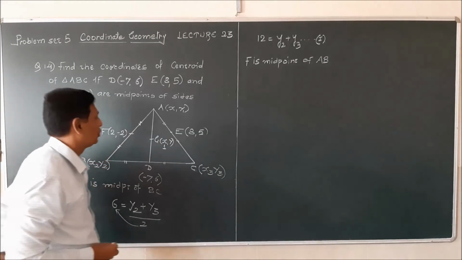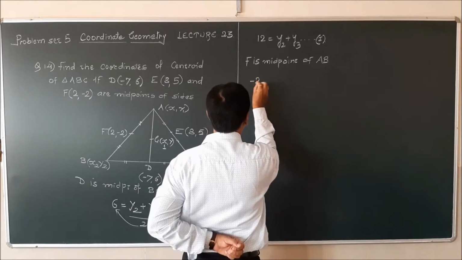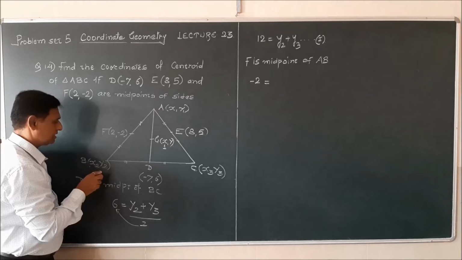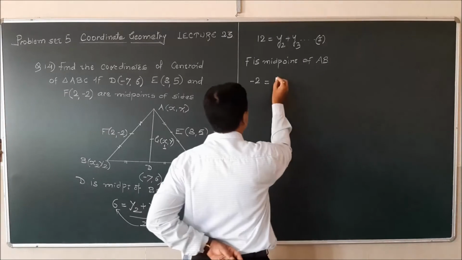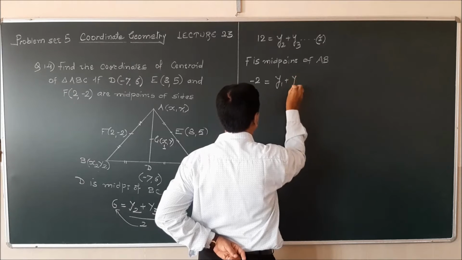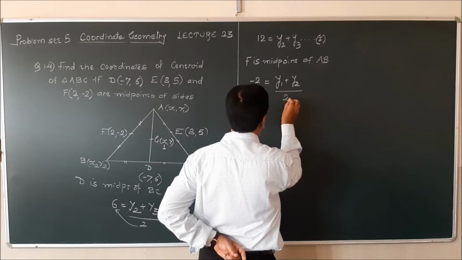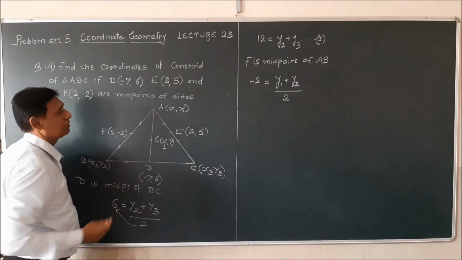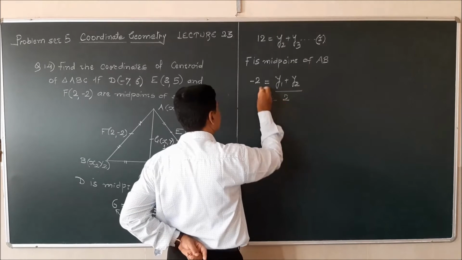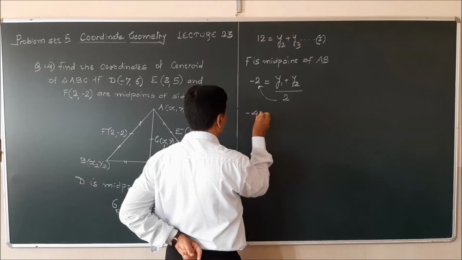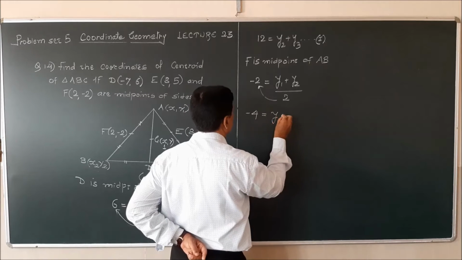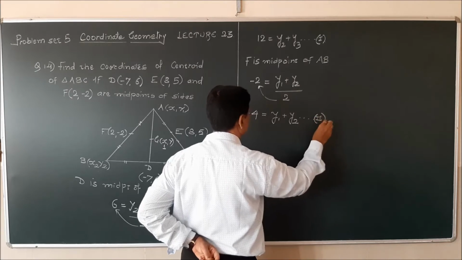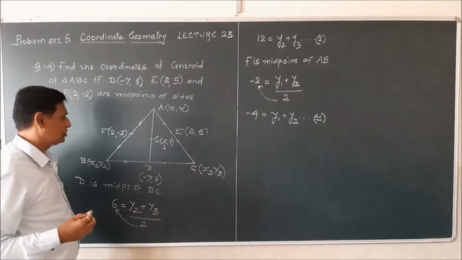So -2 is equal to y1 plus y2 upon 2. Very simple. Please transfer this to the left hand side: -4 is equal to y1 plus y2. This is our equation number 2.